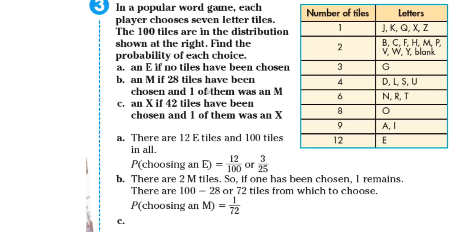Because 28 tiles have been chosen, and one of them was an M. The probability of choosing an M out of the 72 is 1 out of 72. Why 1 out of 72? Because already 1 has been chosen and only 1 remains in the lot, in the shaker, if you want to. That is the probability of choosing an M.